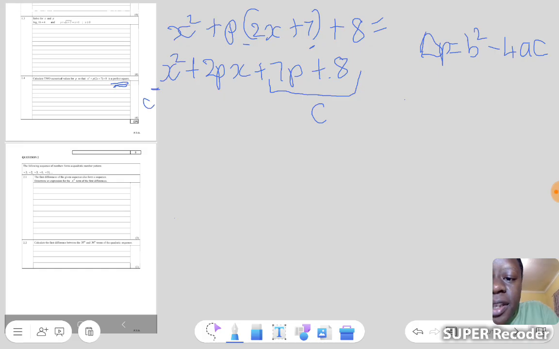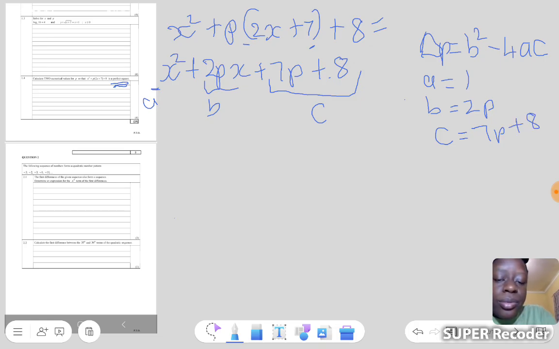Here it's a, and here that's b, and our coefficient will only take the coefficient of x squared or x. So let's start. Our a in this case will be 1, b will be 2p, and c will be 7p plus 8.